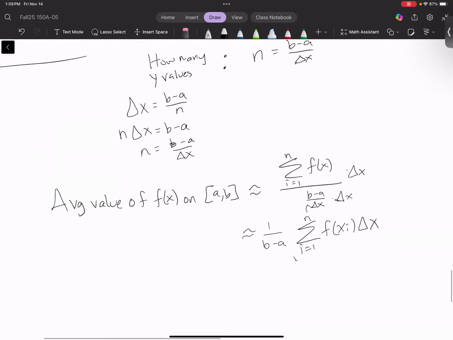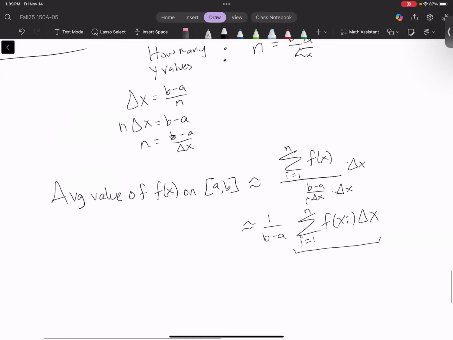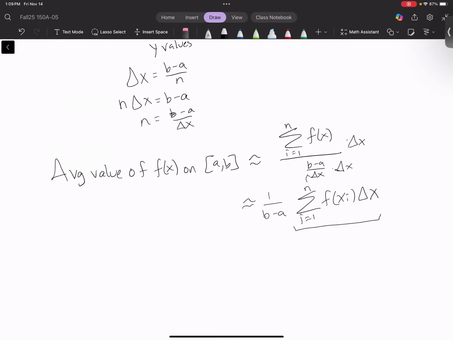What is that sum, right? So remember, this is an approximation. To get it more accurate, we're going to do a limit. So this equals the limit as n goes to infinity, 1 over b minus a, and then this sum. Okay. But remember, not infinity. I don't know why I keep writing infinity. N, f of xi delta x, right?